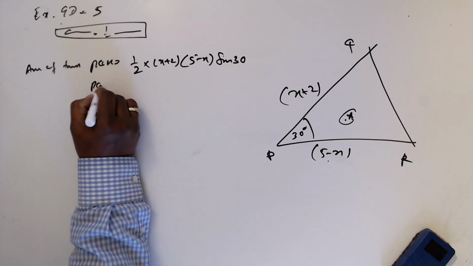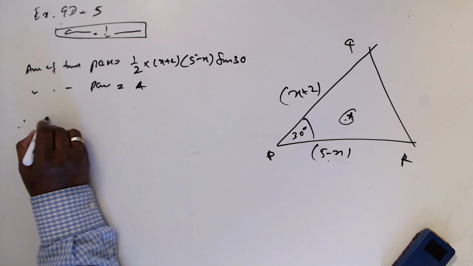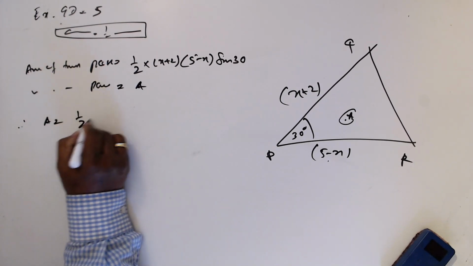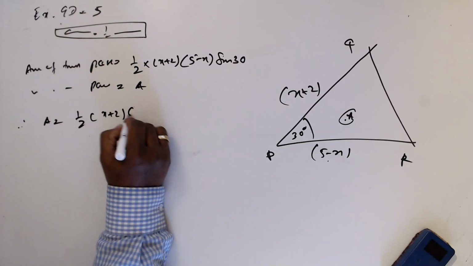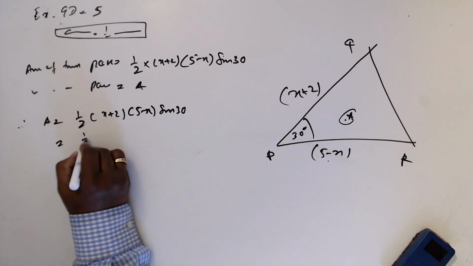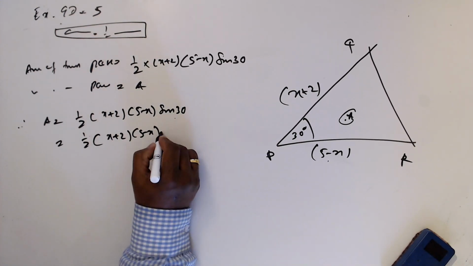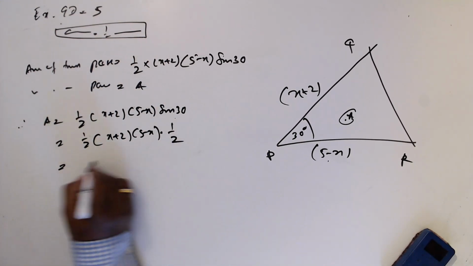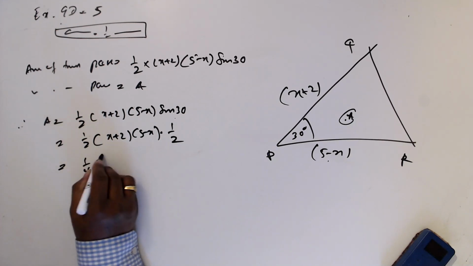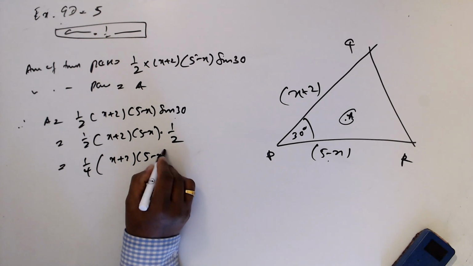So PQR area of triangle is also A. Hence A equals half (x plus 2)(5 minus x) sine 30, which is half (x plus 2)(5 minus x) times sine 30, which is again half. It means 1 over 4 (x plus 2)(5 minus x).